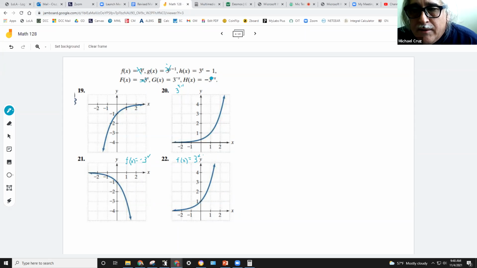This negative x just turns this one around to the side, and then the negative sign in front flips it down. So just like all the transformations we looked at, that's how it works.